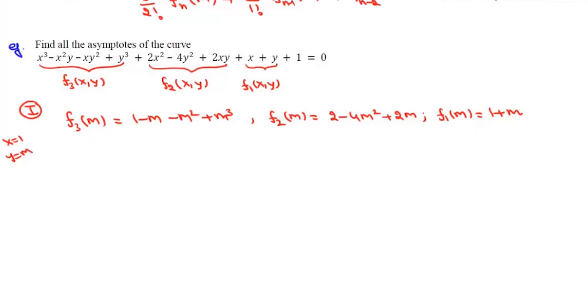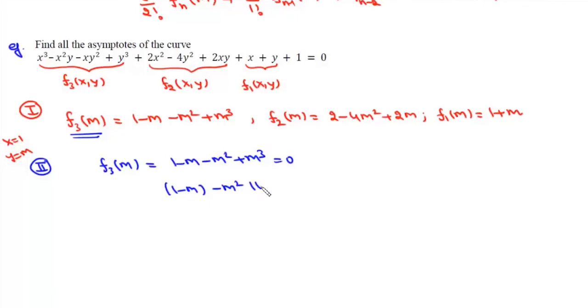Now the second step is we'll find the slope of the asymptote, and for the slope of the asymptote we'll take the function with the highest degree and put it equal to 0. So we'll take this f3 of m, which is 1 minus m minus m square plus m cube, and we'll put it equal to 0. Now this is 1 minus m, and we'll take m square common and then it'll be 1 minus m.